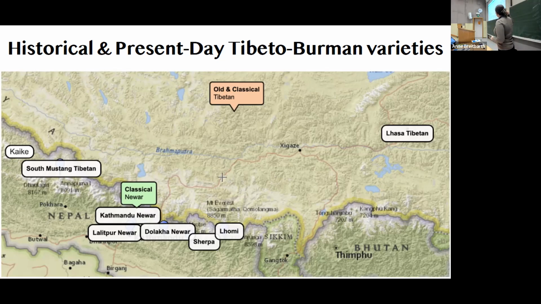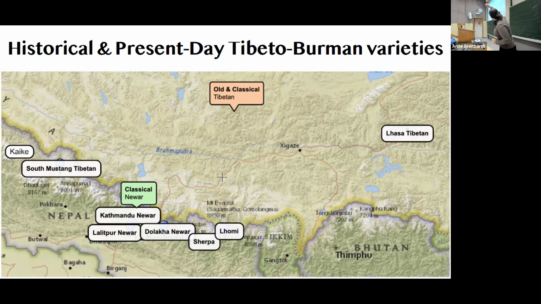So there's Kathmandu Newar and Lalitpur Newar, and Panauti Newar, as I've just discovered this summer, is even different from these two. And then there's a different Newar variety, which is Dolakha Newar, which looks very close, but is actually a day drive away from Kathmandu. So it's much more remote, more like Sherpa and Lomi, which are Tibetan languages.